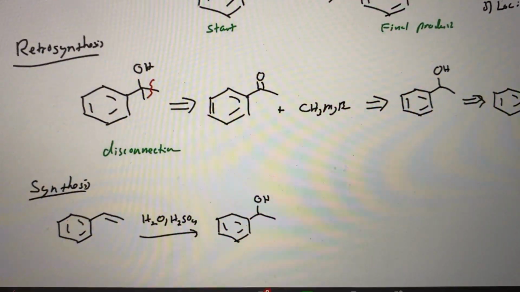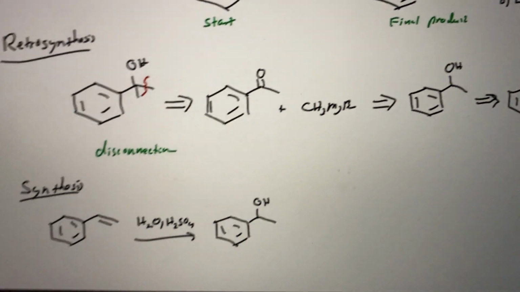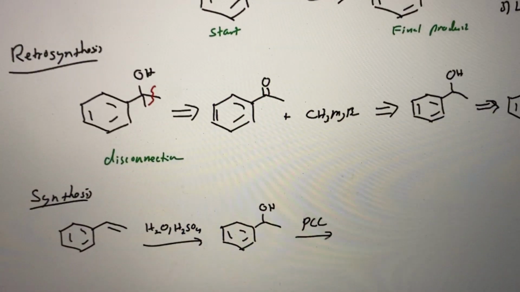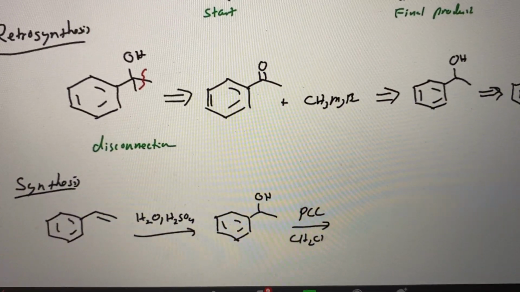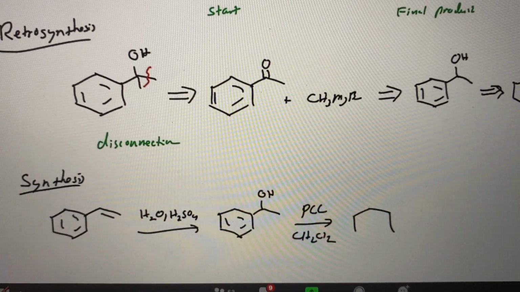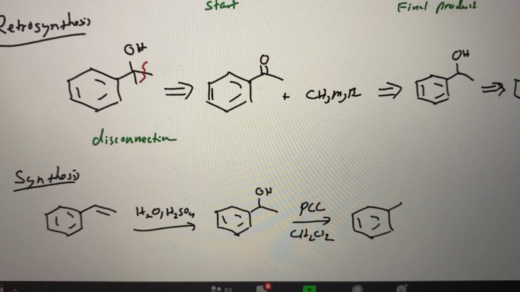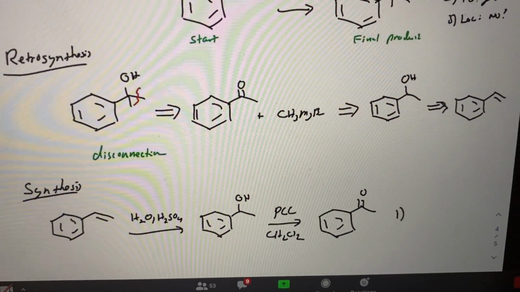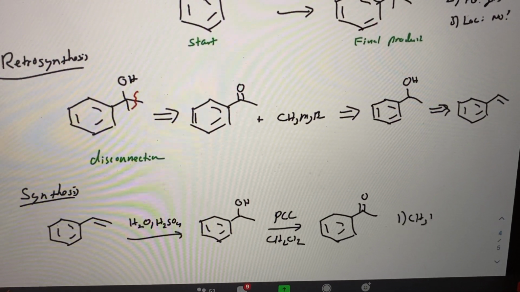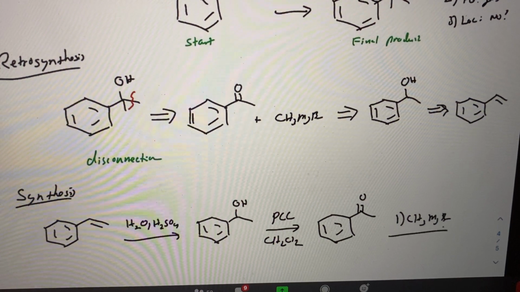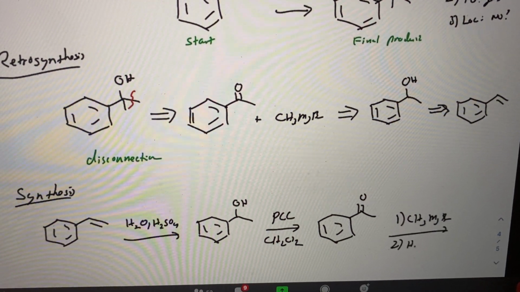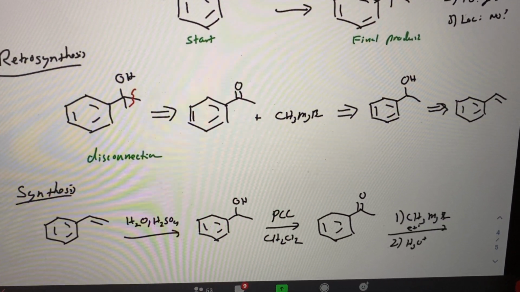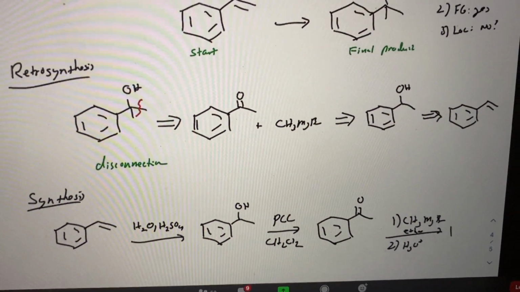So now when we're going in the forward direction, we know I could use, we'll just say PCC because it's shorter to write. Doesn't matter in this case because it's a secondary alcohol. That's going to make my ketone. And then last, I'm going to do my Grignard reaction, using ether as the solvent.